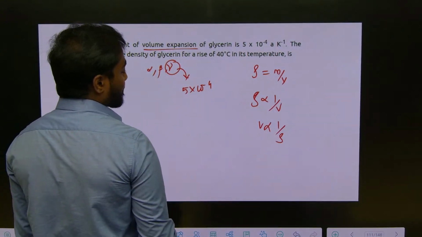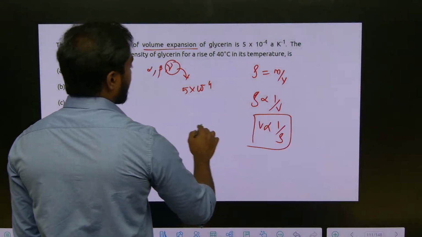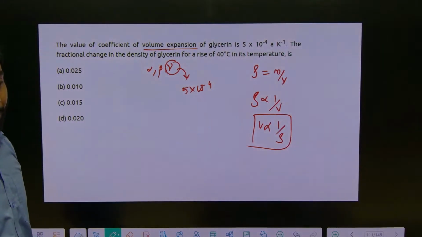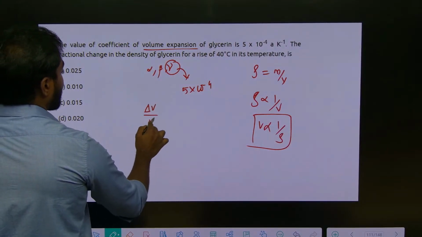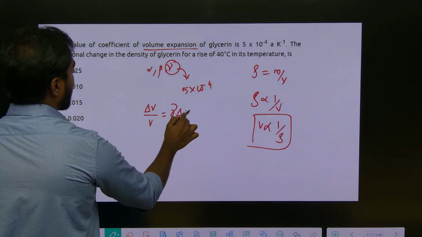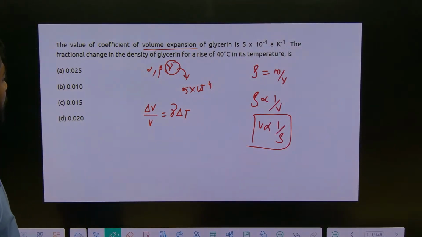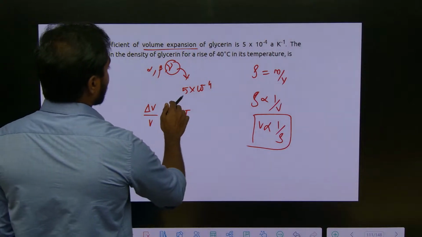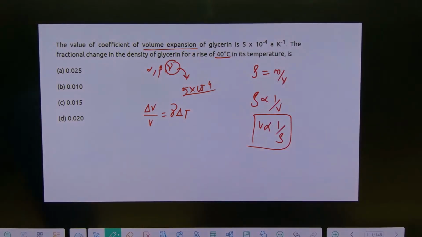We should consider this in terms of density, in terms of volume, and we need to proceed with the formula. Delta V by V is equal to gamma delta T, right? So gamma value they have given directly, and temperature also they have given directly. So what else do we need? Can we multiply the things directly here, right?